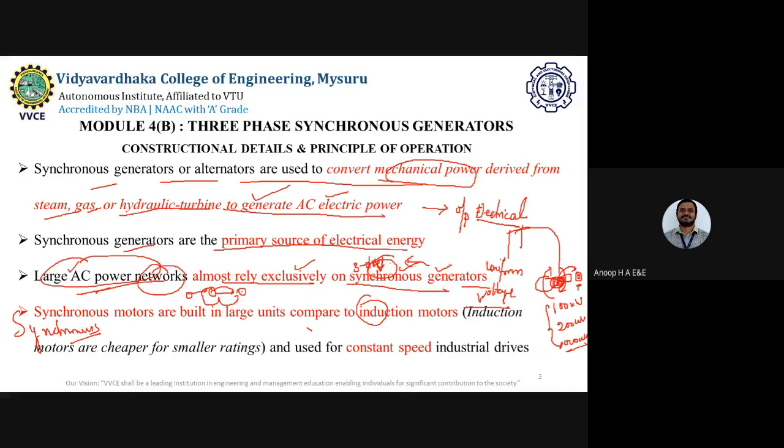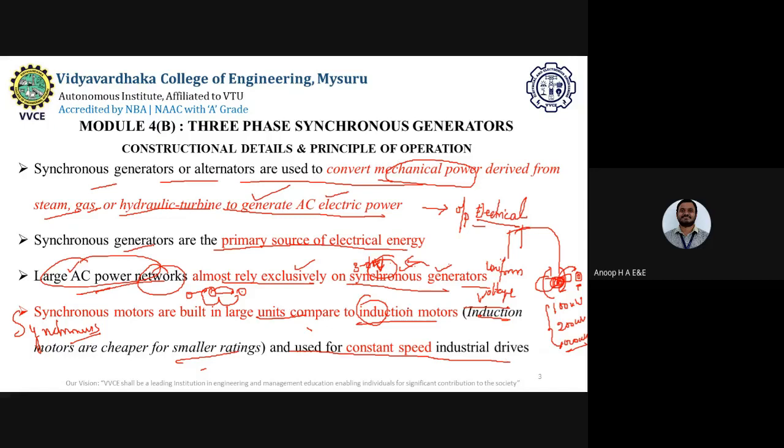Now when I talk about synchronous motors, which are generally present, they are generally built into large units. When you compare with induction motors, induction motors are cheaper for the smaller ratings, and they are used for constant speed and industrial drives.